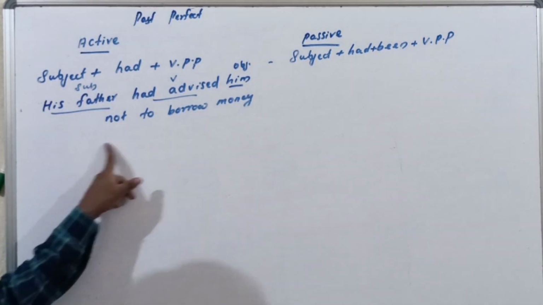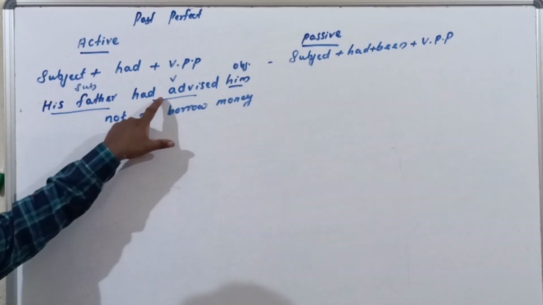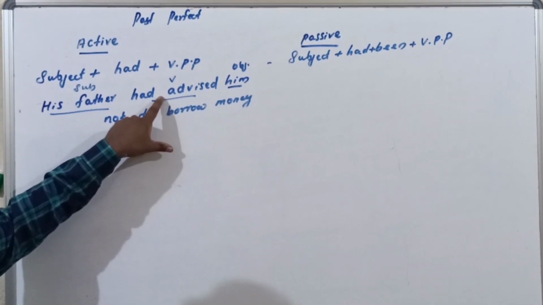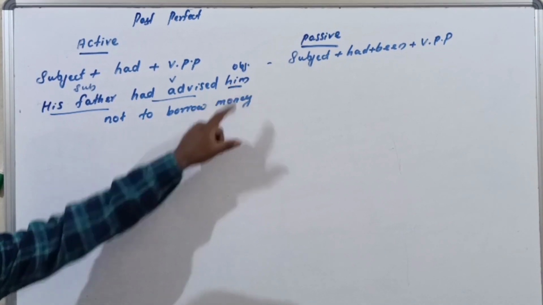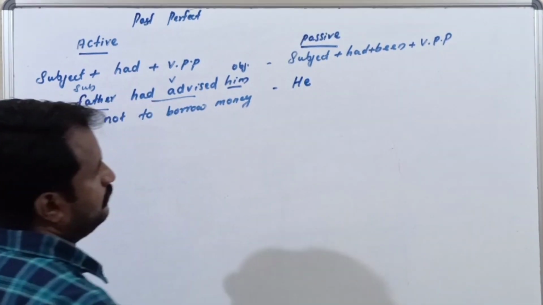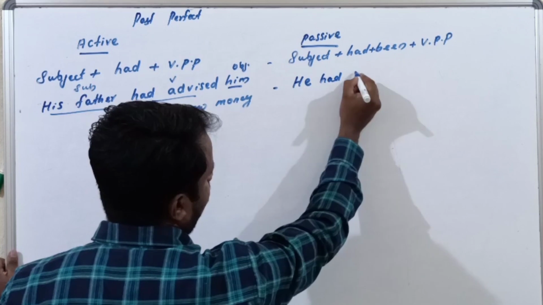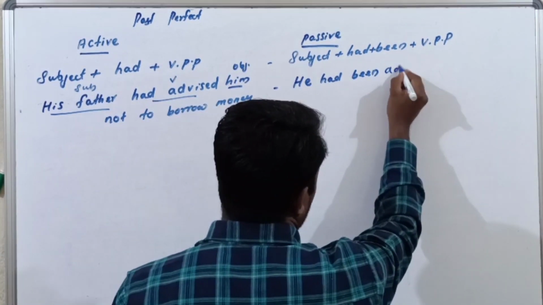Okay, I don't think the last one which was given is the object. Here we can see to whom or what. To whom did he advise? Him. So him becomes the object. So start with he. He had been advised by his father.